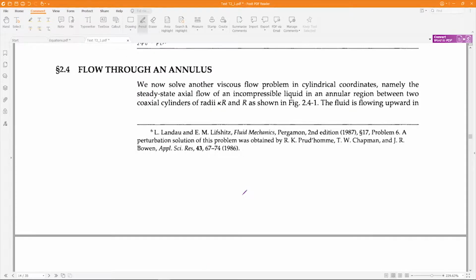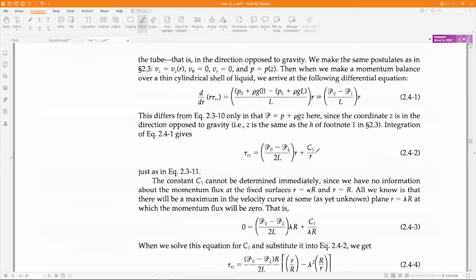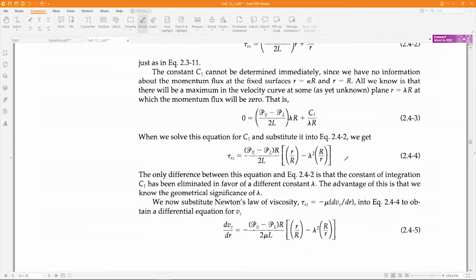So we are solving the problems using the equation of motion, right? We came to the third problem, flow through annulus. We derived this equation using the momentum shell balance. Now we are going to derive the same formulas using the equation of motion.